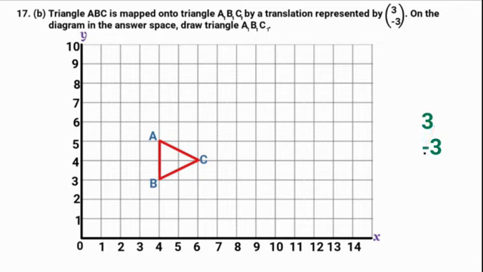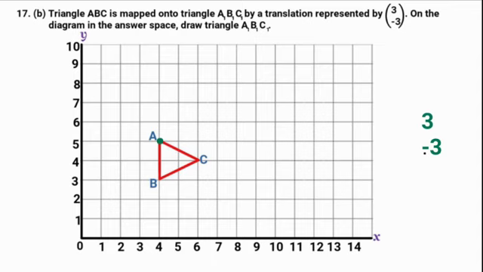I'm going to start with point A. We put a green point there. I'm sure you're able to see the green point here. That green point is going to move 3 steps to the right and 3 steps downwards on the y-axis, going to the negative side.